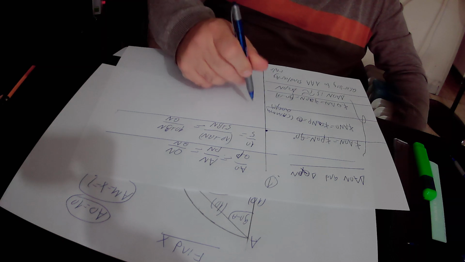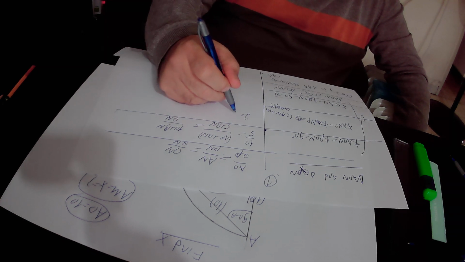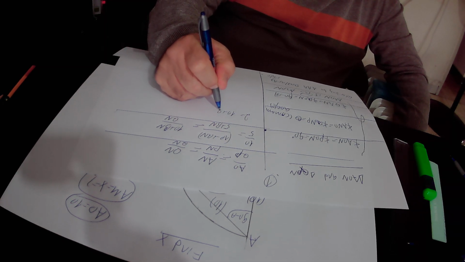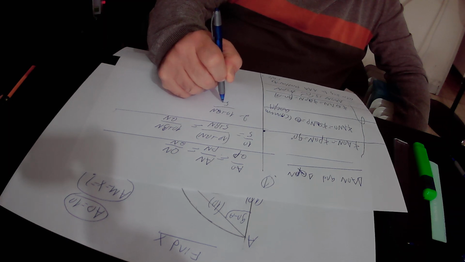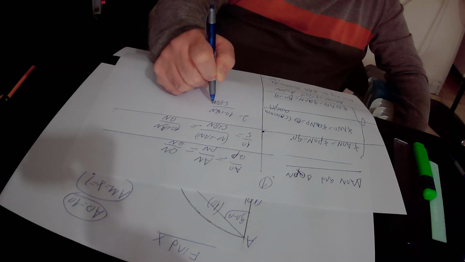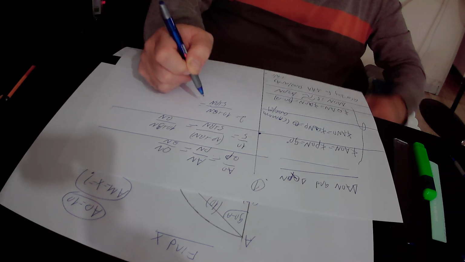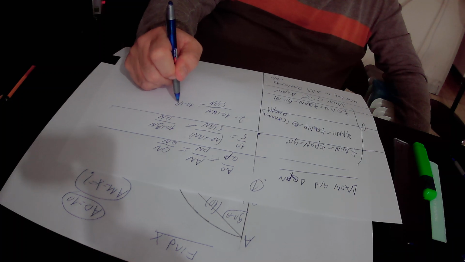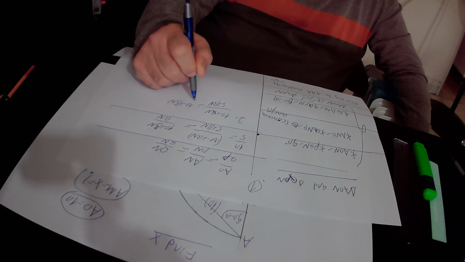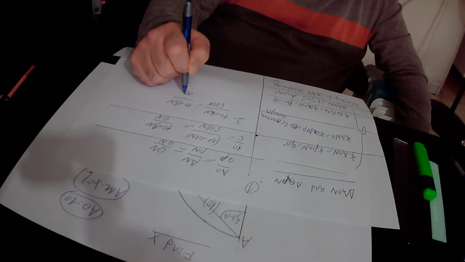10 over 5 is 2, so 2 equals 10 plus QN over 5 plus BN, and it equals 10 plus BN over QN.